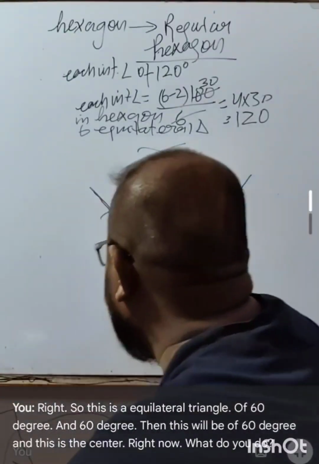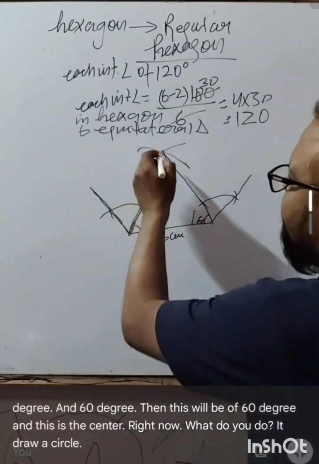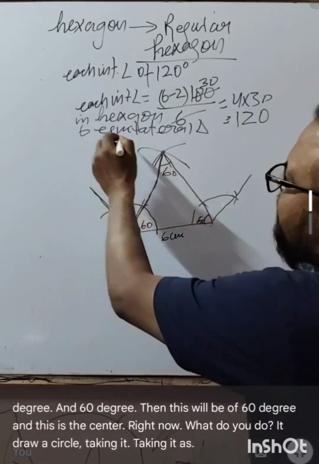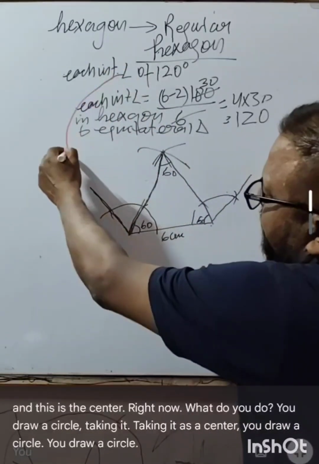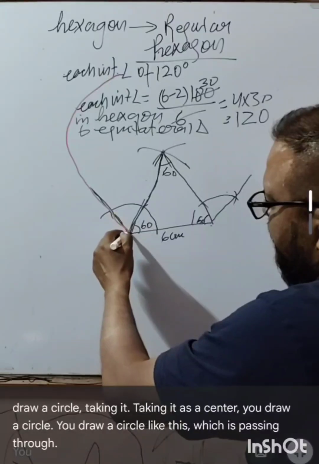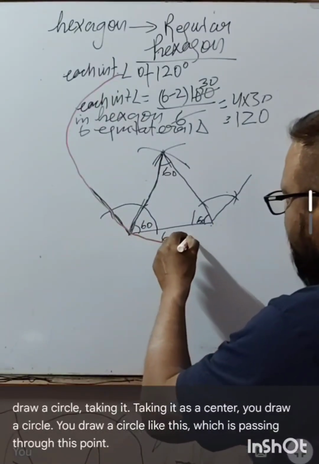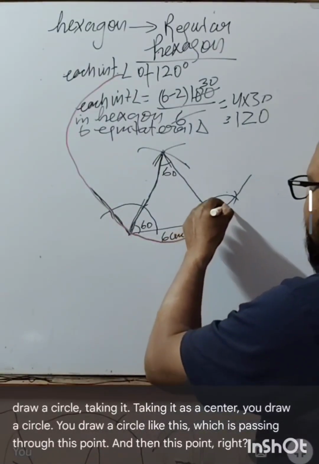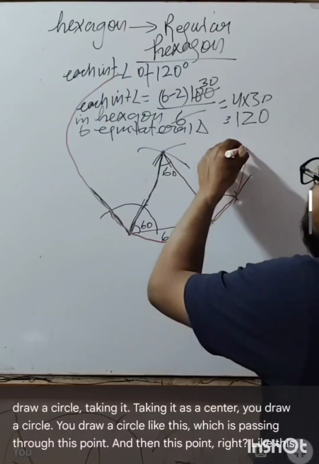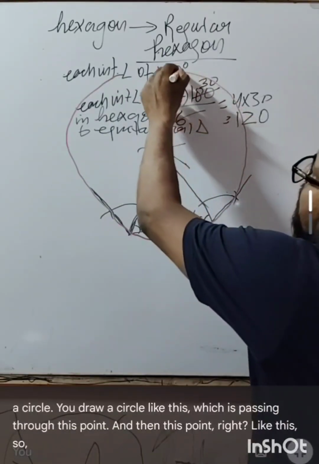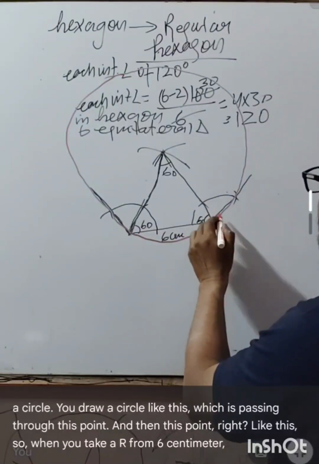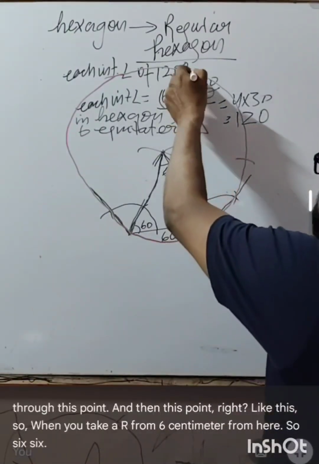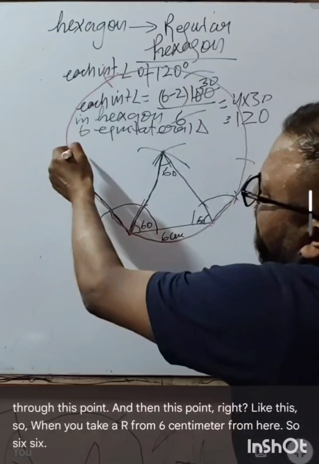Now what do you do? You draw a circle, taking it as a center. You draw a circle like this, which is passing through this point and then this point, right? Like this. Then you take an arc of 6 centimeter from here. So 6, 6, 6, 6 and 6.